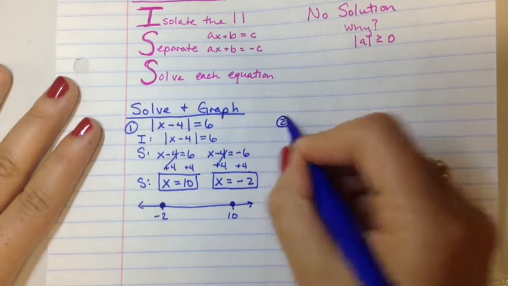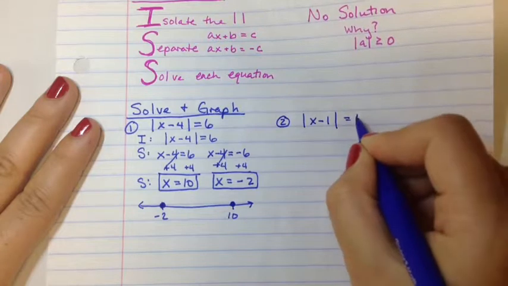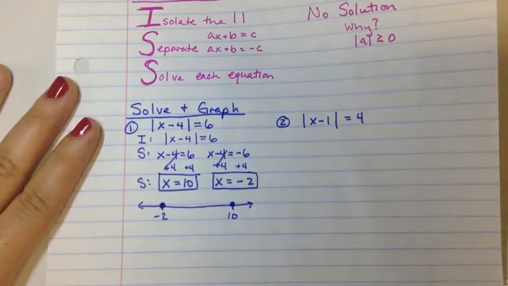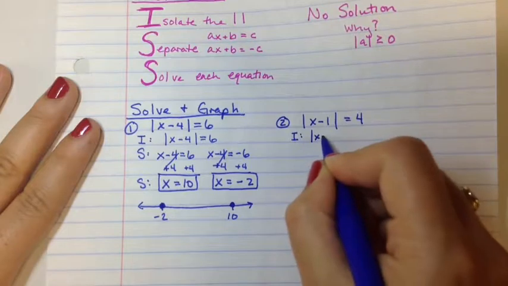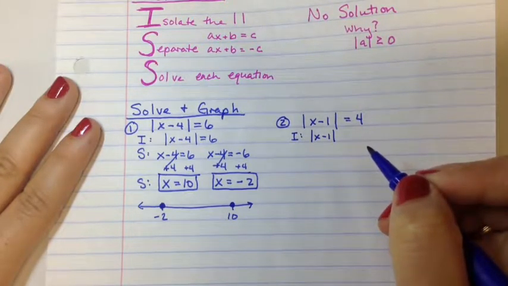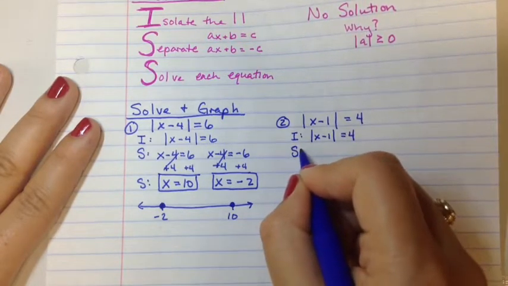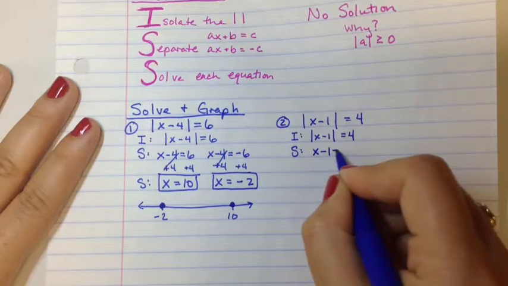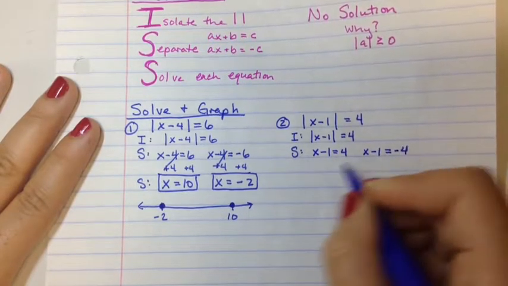Here's one for you to try. Absolute value of x minus 1 equal to 4. Solve and graph. Our isolate step, again, is taken care of. We're not going to need to solve for anything. It's already isolated, so we separate. x minus 1 equals 4. x minus 1 equals negative 4.